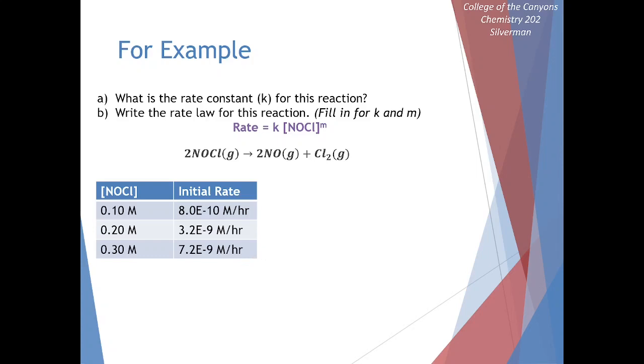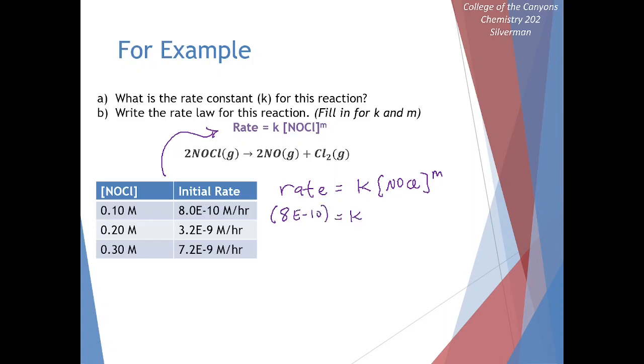All right, this is our problem. Let's set up our answer by plugging all of these values into our rate law equation. So the rate is equal to k times our concentration raised to the m. Well, let's write that out for each of these trials. For trial 1, our rate is 8 times 10 to the negative 10.